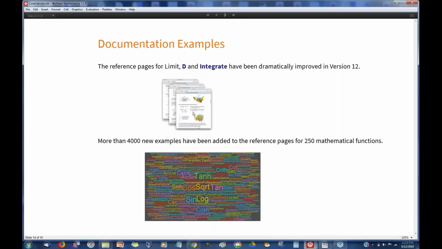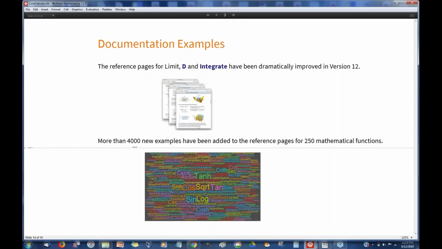So we have put a lot of effort into documentation. We have tried to actually do a good job on all this. Now, the next point was we have calculus, but calculus is not just Limit, D, and Integrate. We actually have 250 mathematical functions. Well, we had another set of interns who worked on those 250 functions and produced around 4,000 new examples for these new pages.